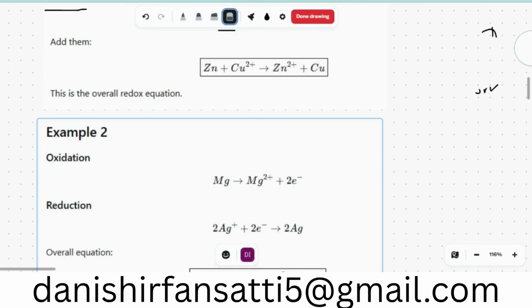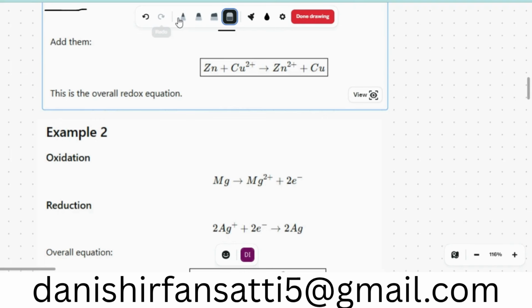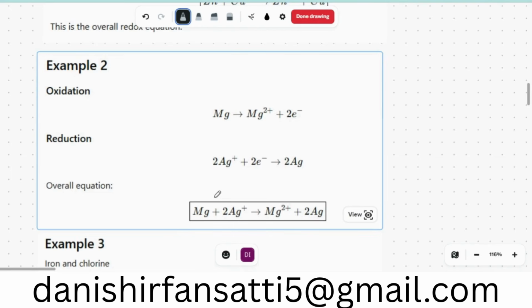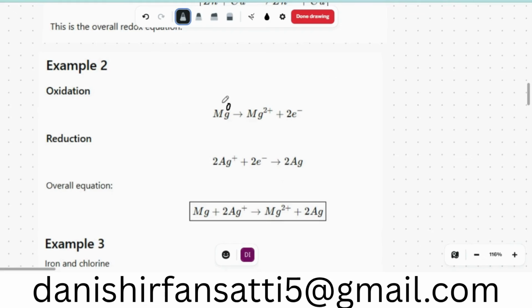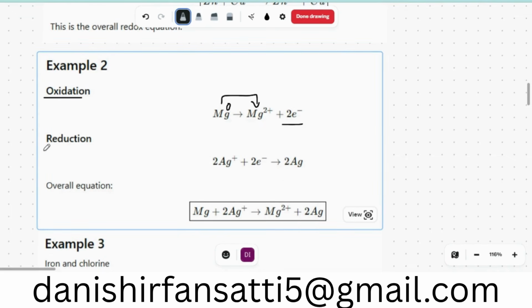Now the second example. Here you can see Mg has a zero charge. Mg loses two electrons and becomes Mg2+. So that is called oxidation and electrons are lost. Reduction is the opposite of that. Here you can see silver has a positive charge.